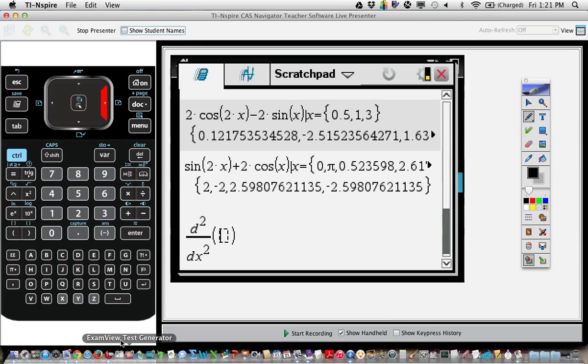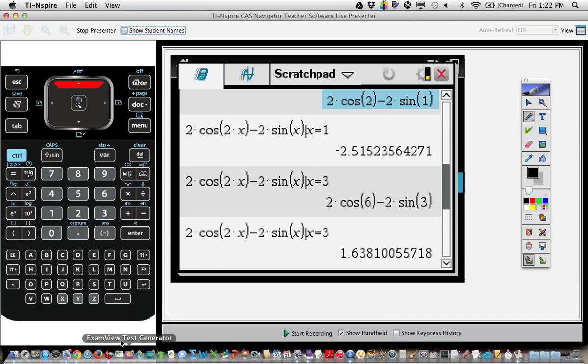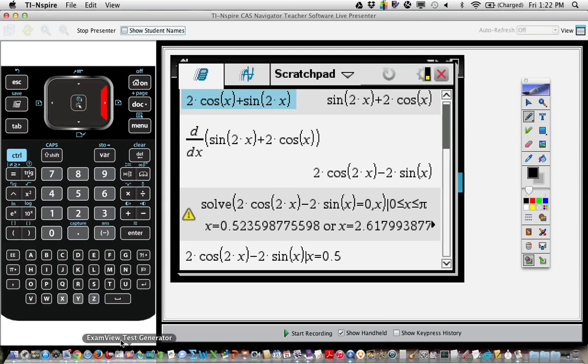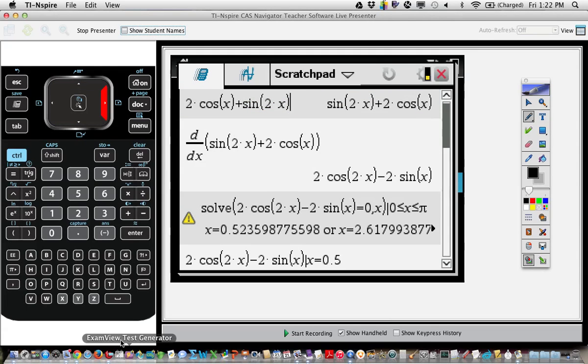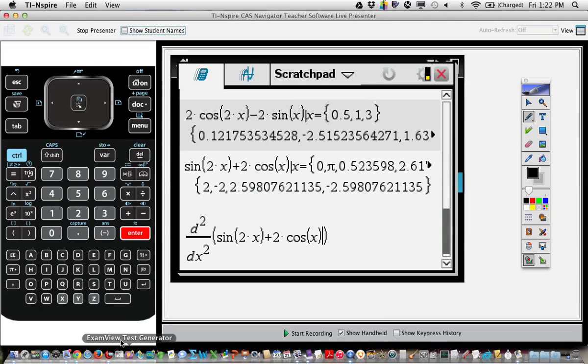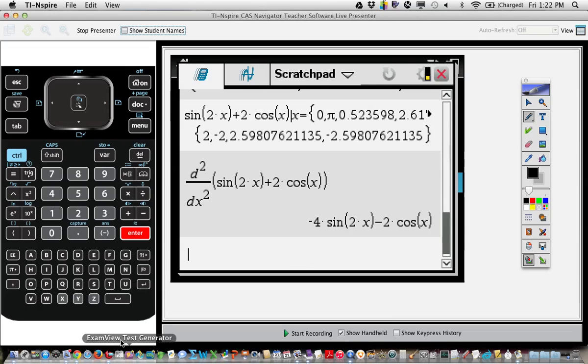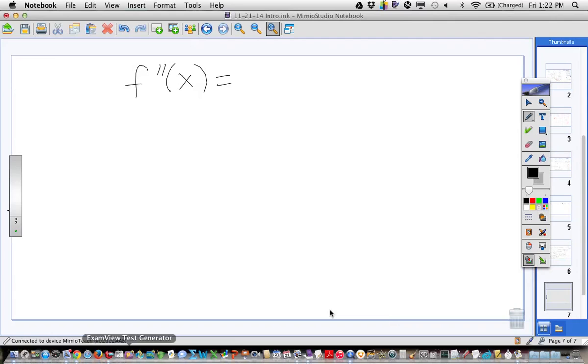Now go way up and get which one? The first one, f. So we're going to have to go all the way up and get the first one, which is that one. There you go. Hit enter. Paste it in. There is your second derivative. Okay? Or you could have just done the derivative of the derivative. Either way. All right. So we get negative 4 sine 2x.